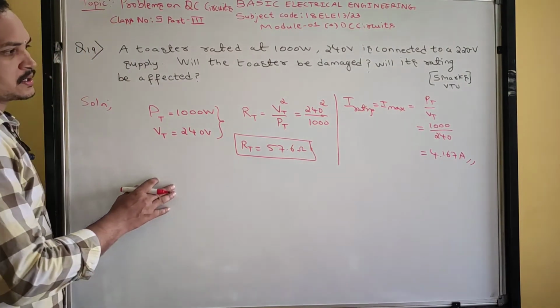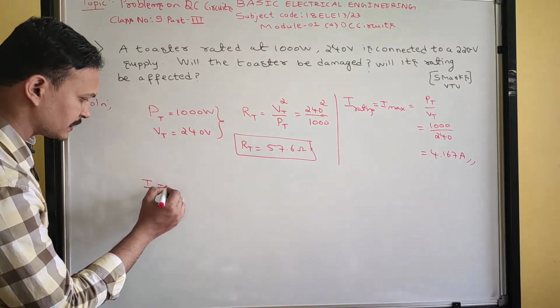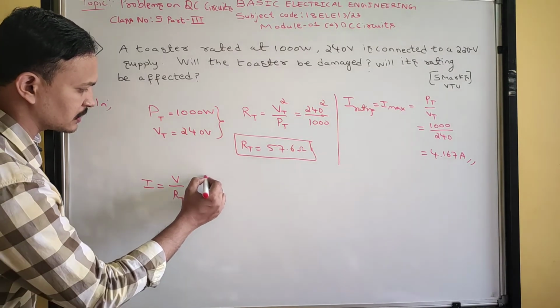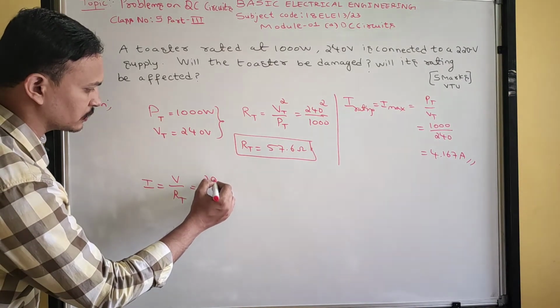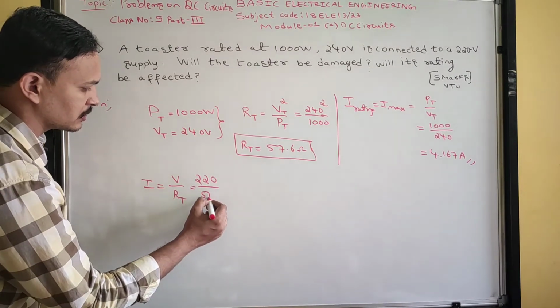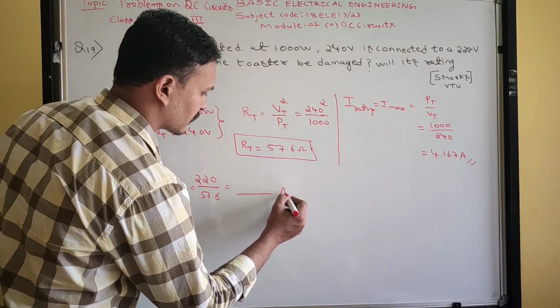Now when the toaster is connected to a 220 volt supply, the current drawn is given by I is equal to V by RT. What is the voltage now? The toaster is connected to a 220 volt supply, divided by the resistance of the toaster, 57.6. So this gives some value of current.